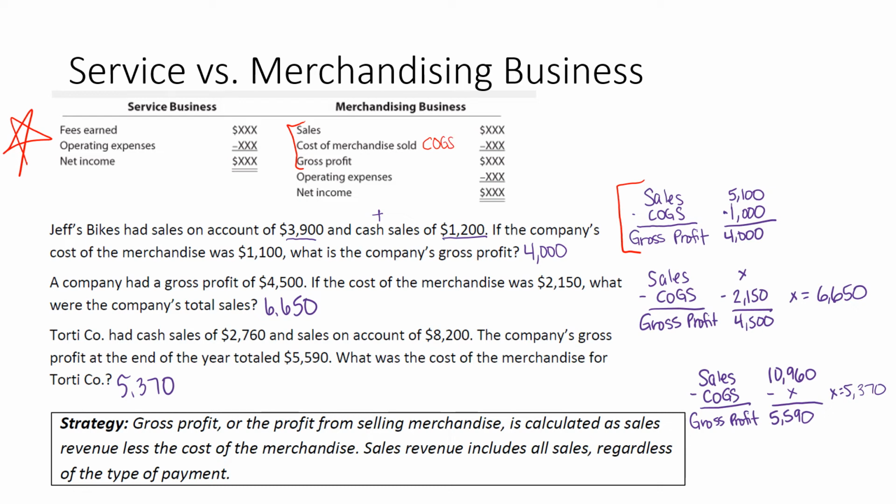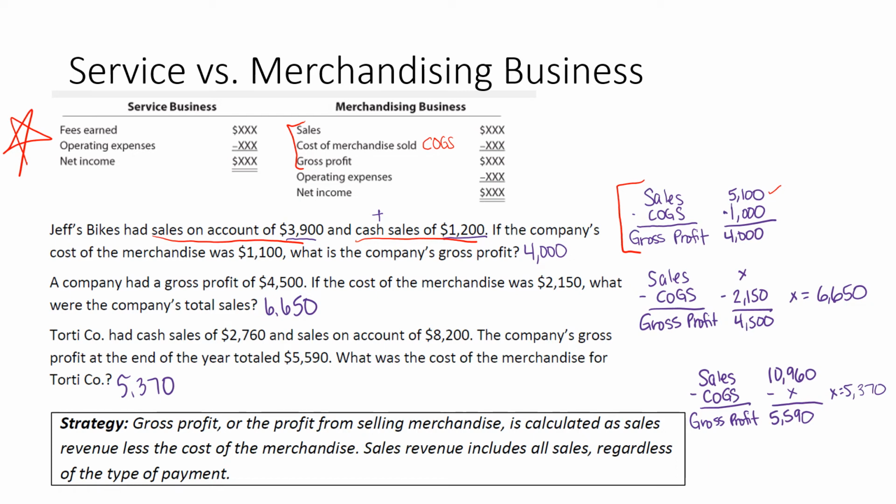So sales minus cost of merchandise or cost of goods sold gives you gross profit. So if we're looking at our problem, instead of giving us total sales, they gave us sales on account and cash sales. So we have to add those two numbers together to get total sales, and that is $5,100.